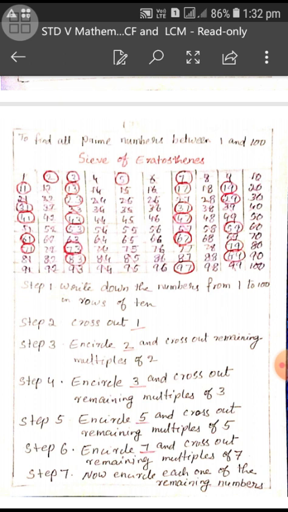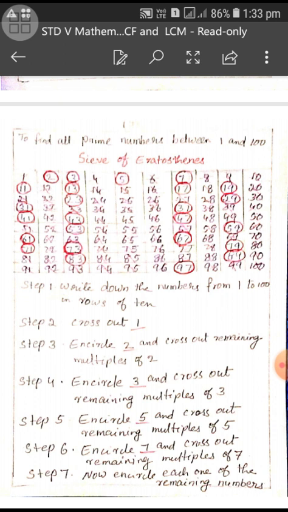Step 3, encircle 2 and cross out the remaining multiples of 2, that is 4, 6, 8, 10, etc. Step 4, encircle 3 and cross out the remaining multiples of 3: 6, 9, 12, 15, etc. Step 5, encircle 5 and cross out remaining multiples of 5, that is 10, 15, 20, etc. Step 6, encircle 7 and cross out remaining multiples of 7, that is 14, 21, 28, etc. Step 7, now encircle each one of the remaining numbers. And all the encircled numbers are the prime numbers.